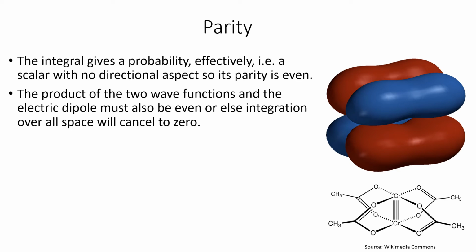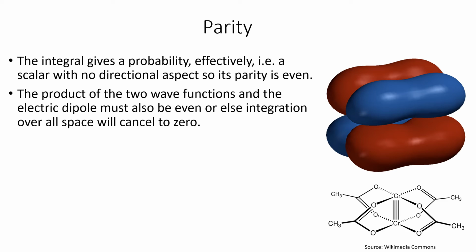And so that means that the three things we're multiplying together, the wave function for the initial state, the wave function for the final state, and the electric dipole vector, when these things are all multiplied together, they're going to have even parity.